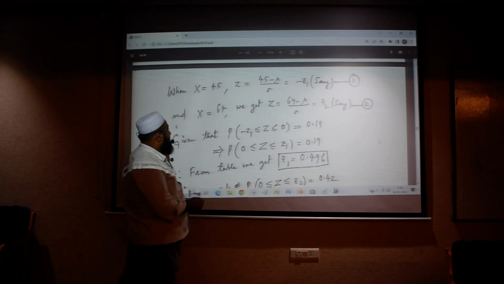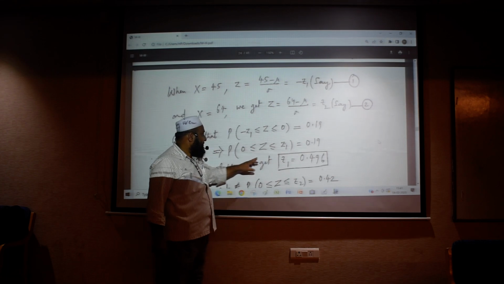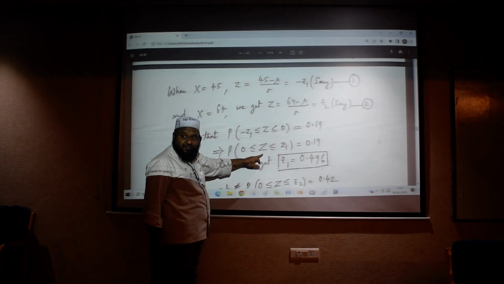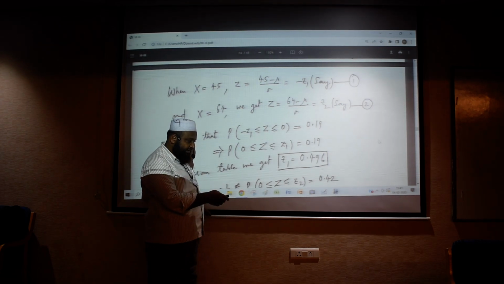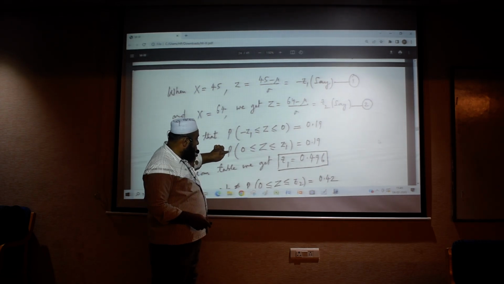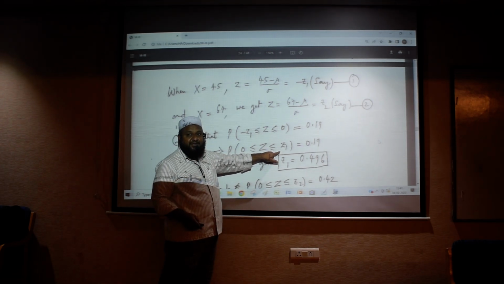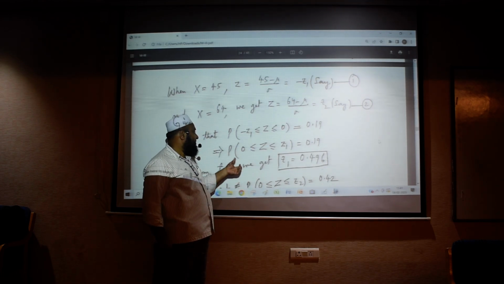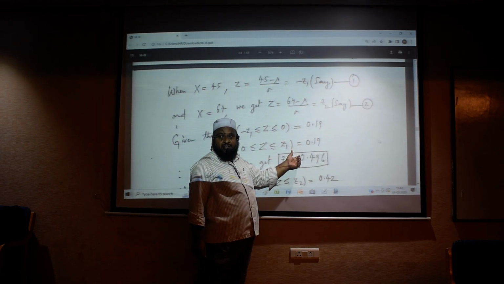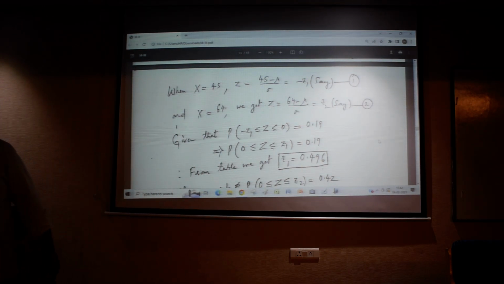Get it? Okay, clear. Given that this is 0.19, so z lying between 0 and z1. Actually speaking, this probability from 0 to z1 is how much? Z1 is on the left side. What is that probability given?